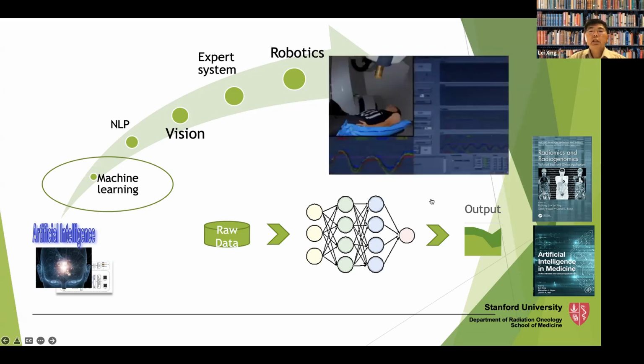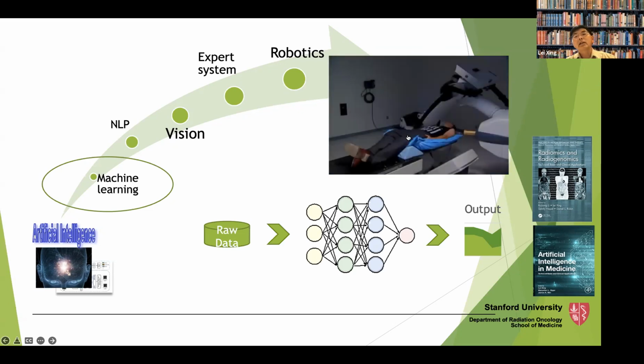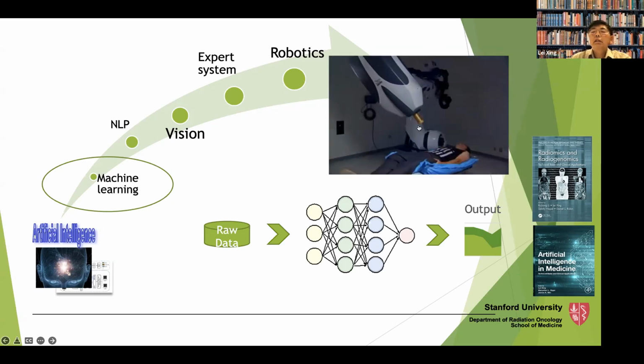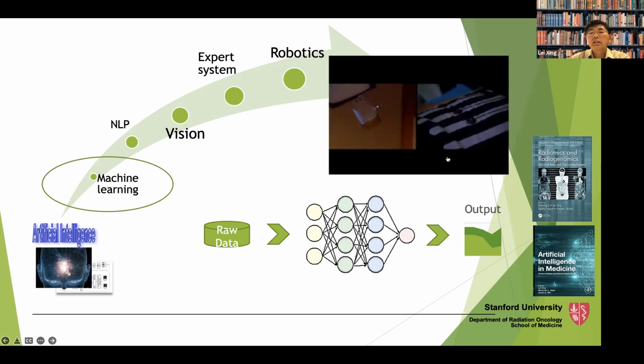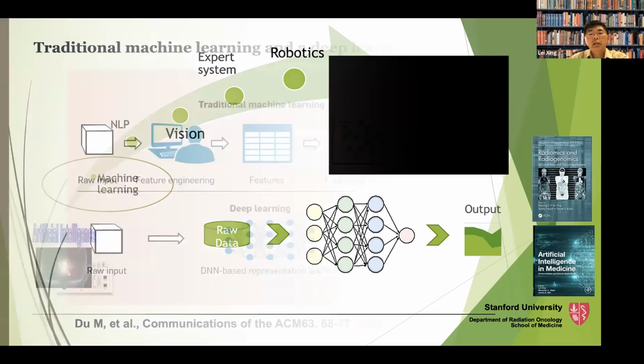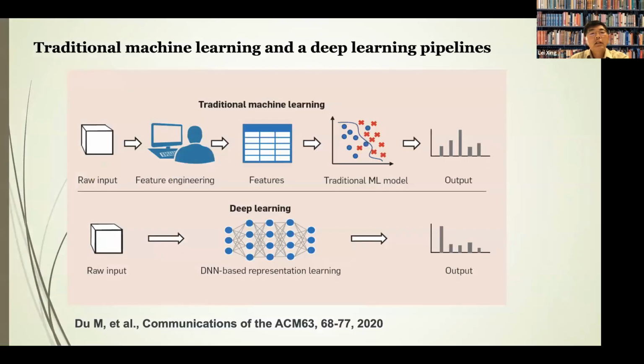The real-time imaging takes the information and then gives feedback to the robot so that the radiation beam can chase a moving target. In this case, it's really a thoracic application.